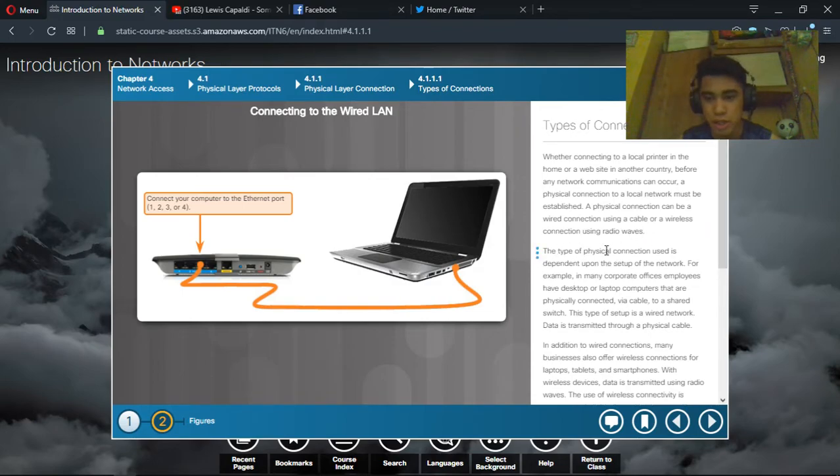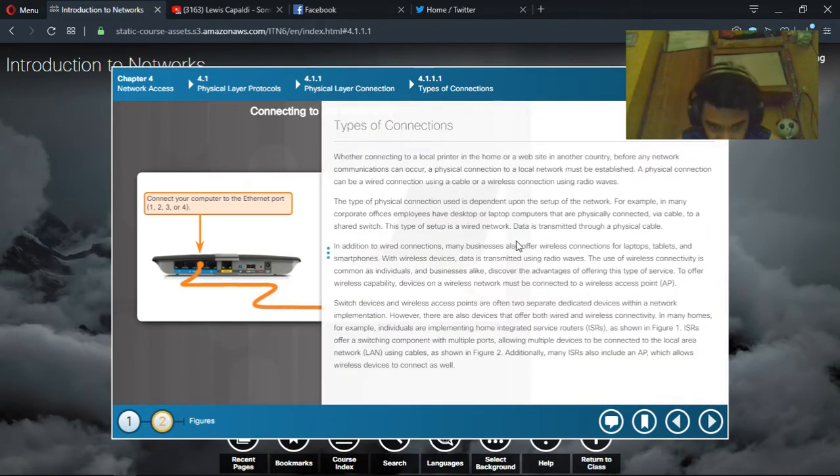The type of physical connection used is dependent upon the setup of the network, and you can use either a wireless connection or a cable connection.